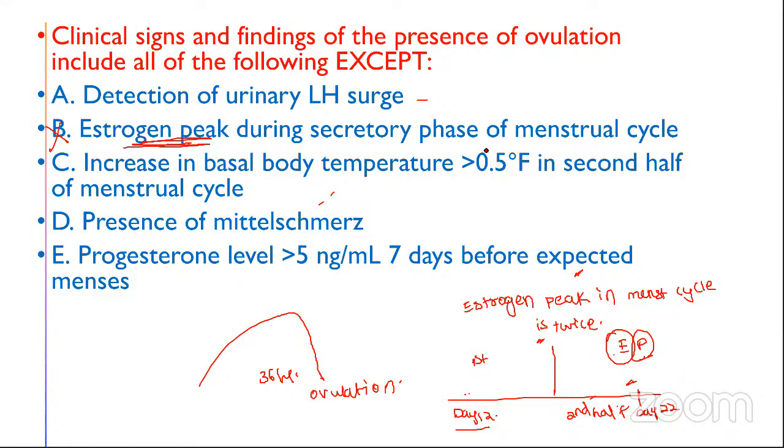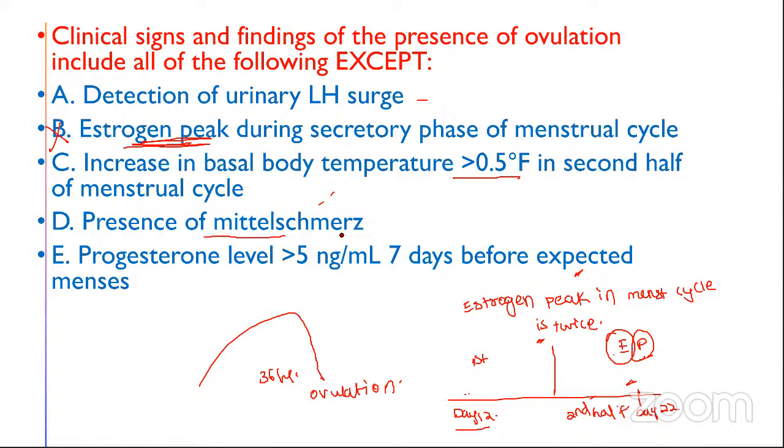Increase in basal body temperature by more than 0.5 degree Fahrenheit in the second half of the menstrual cycle is definitely an indicator of ovulation. Why? Because progesterone is thermogenic. So post ovulation, the temperature will rise by 0.5 degree Fahrenheit.